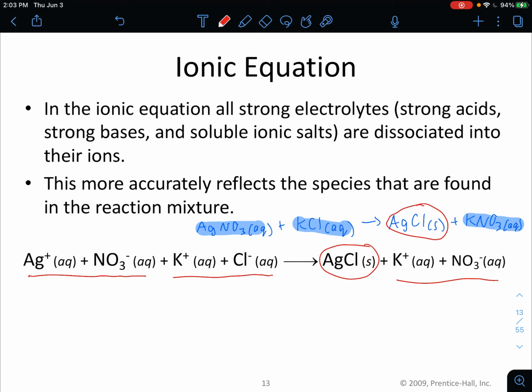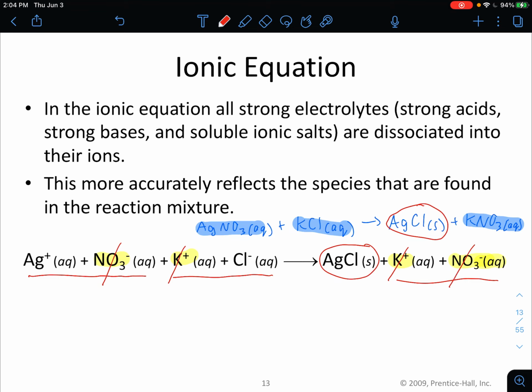So in the ionic equation, you're likely to see redundancies, right? You're likely to see things that appear on both sides in identical ways. And these are what we refer to as the spectator ions. And when we go from the ionic equation to the net ionic equation, we're going to cancel these out. So the potassium cation shows up on both sides, nitrate anion shows up on both sides.